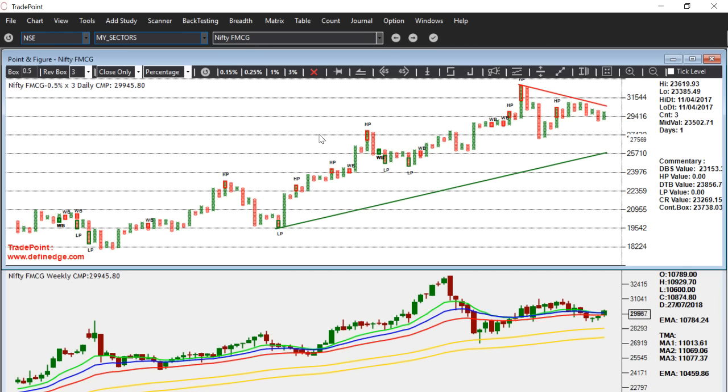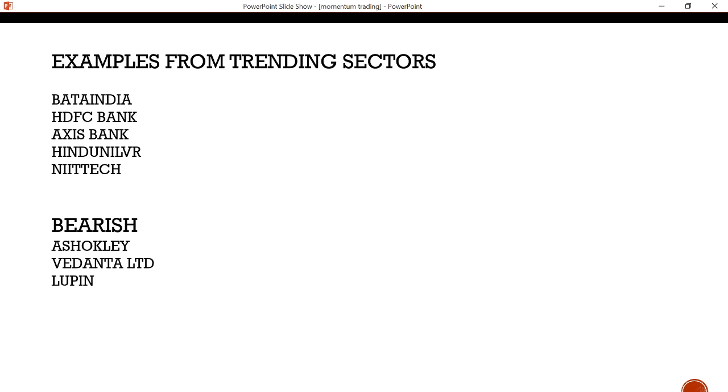So now we have seen the sectors which are bullish and bearish. Now, how I have traded this earlier, I have taken some examples. So let's see some examples. These are the examples from trending sectors.